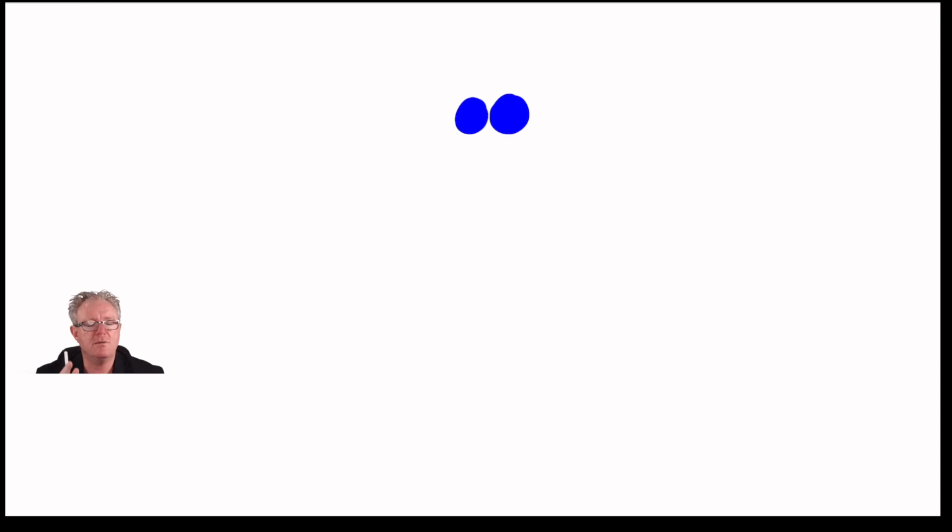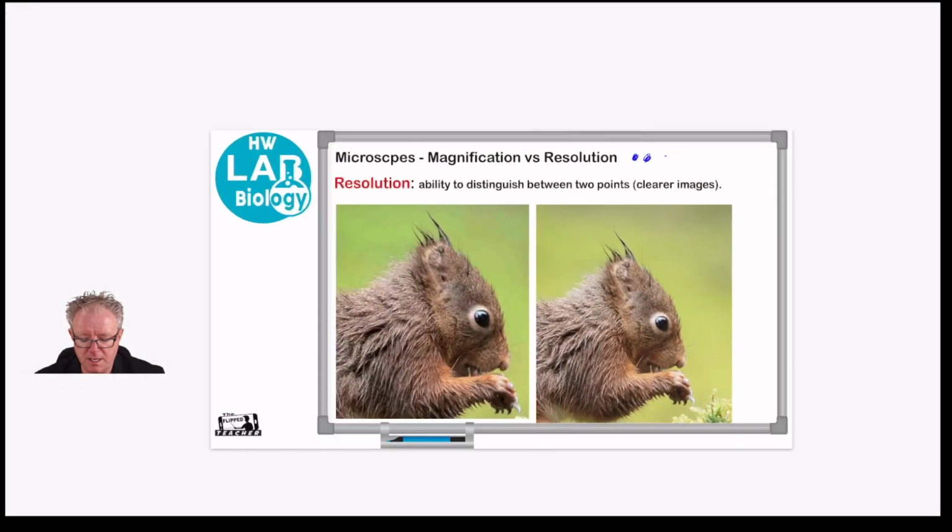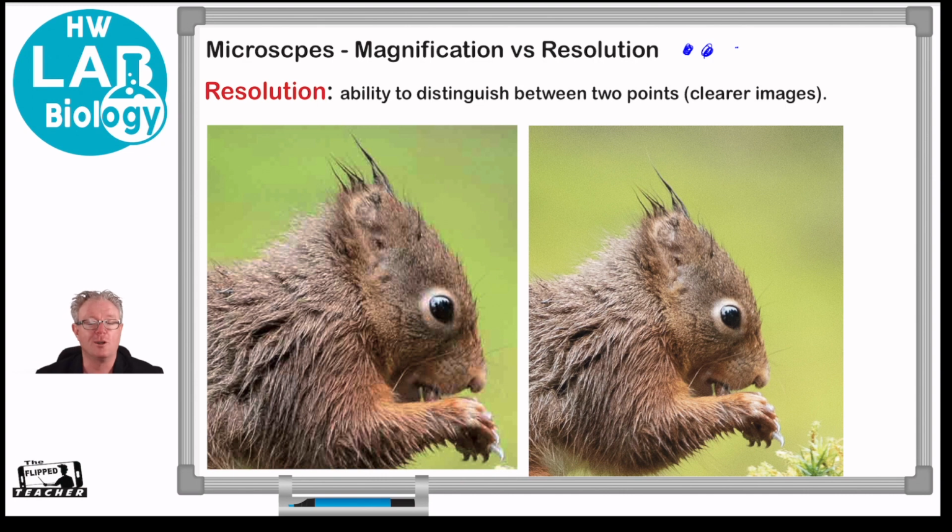You know they're separate because you can see that right there. But if I zoom back out, those 2 dots look like they're touching. So our eyes cannot resolve those 2 dots as separate entities. They look like one dot. But of course, because you saw me draw it, you know that they're 2 separate dots. So resolution is the ability to distinguish between 2 dots.